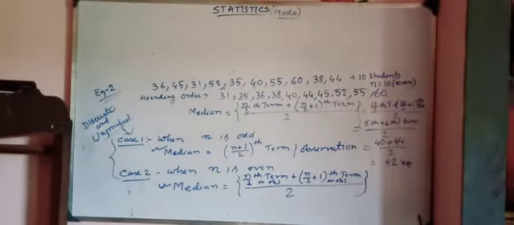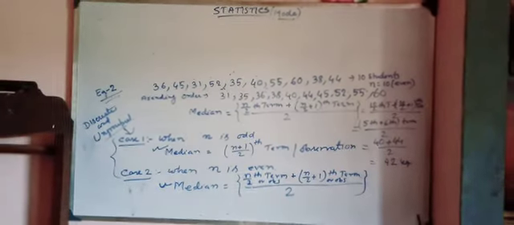Now what is mode? First we have to give the definition of mode. For individual data, mode is the value of the variable which occurs most frequently. That is called the mode.